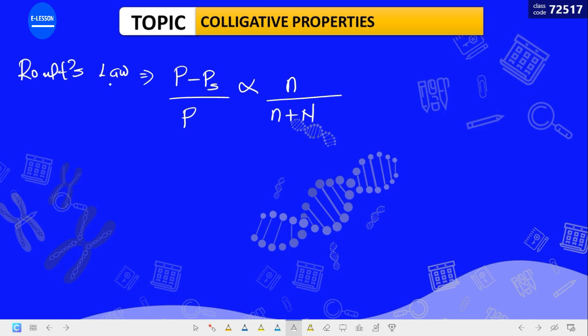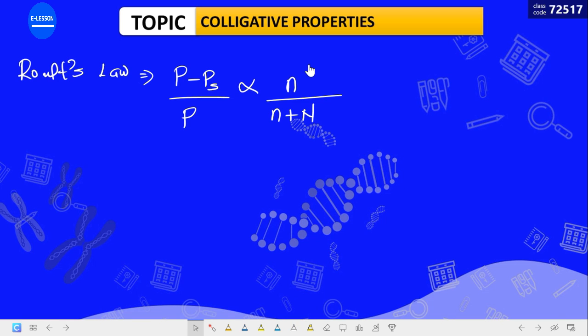That's what Raoult's law is talking about. That the vapor pressure lowering, or the relative vapor pressure lowering, is directly proportional to the concentration of solute present, or to the mole ratio, or the mole fraction of the solute that is present in the solution.